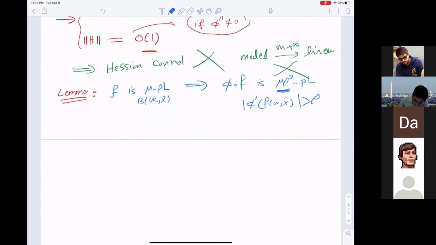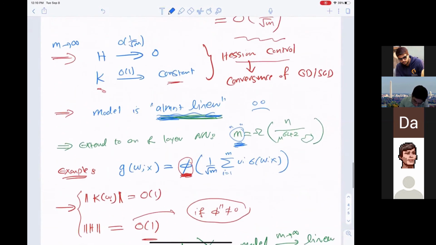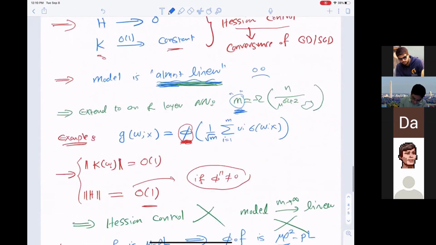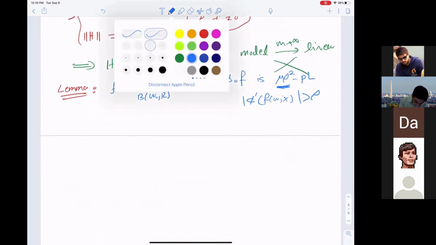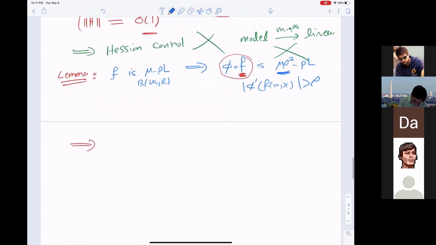So now you can see why the PL condition is very powerful, because even though I cannot use the PL control on the function, the newer function that I have with a nonlinear activation at the end, I know f has this PL condition using the Hessian control, but I know phi composed with f, I cannot use it, but I can use this lemma and show that basically if I apply gradient descent on the function g, I'll have a convergence rate that will depend on my learning rate and my new PL condition, which is mu rho squared. Right? So I can show the convergence here.